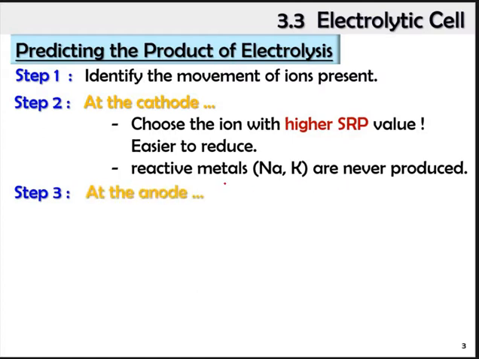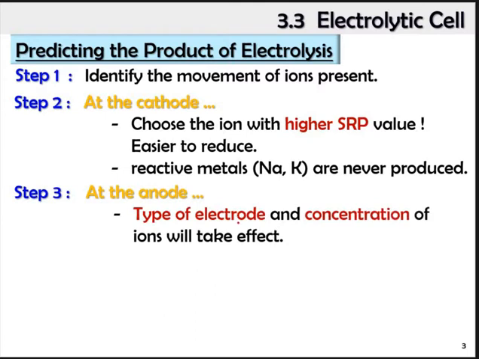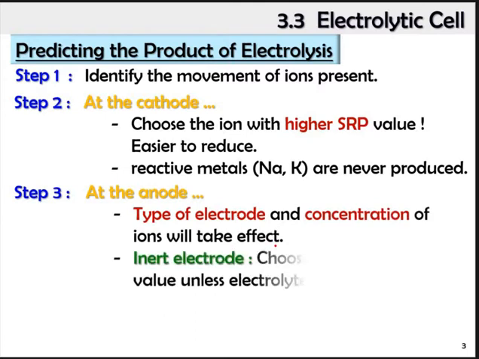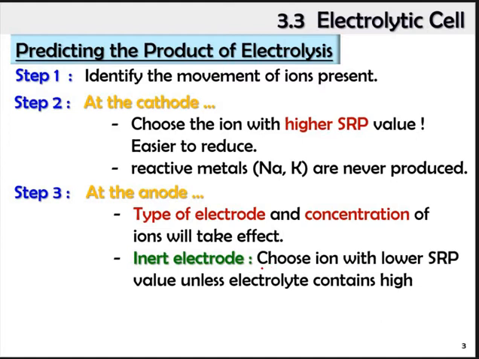At the anode, the type of electrode and concentration of ions will take effect. For inert electrode, choose ion with lower SRP value unless electrolyte contains high concentration of halide, such as chloride ion and bromide ion.